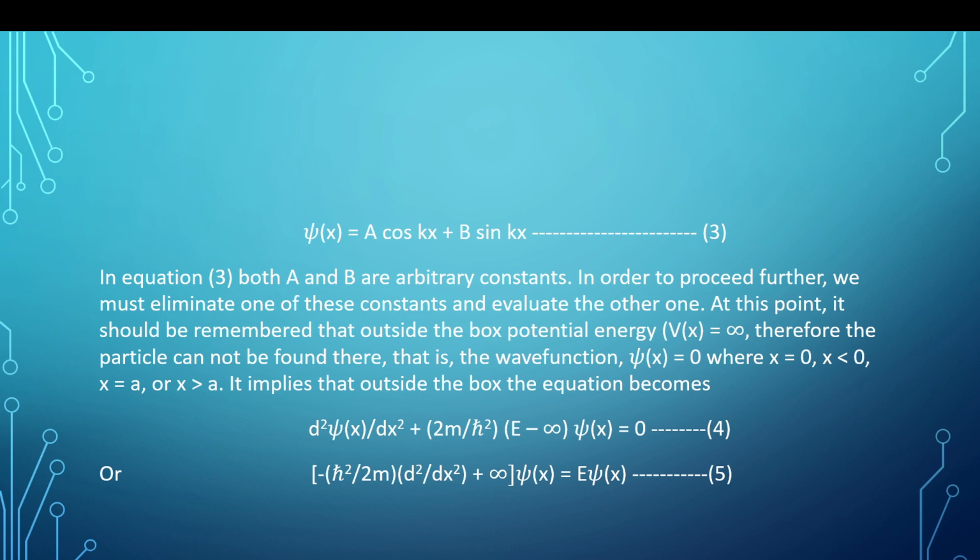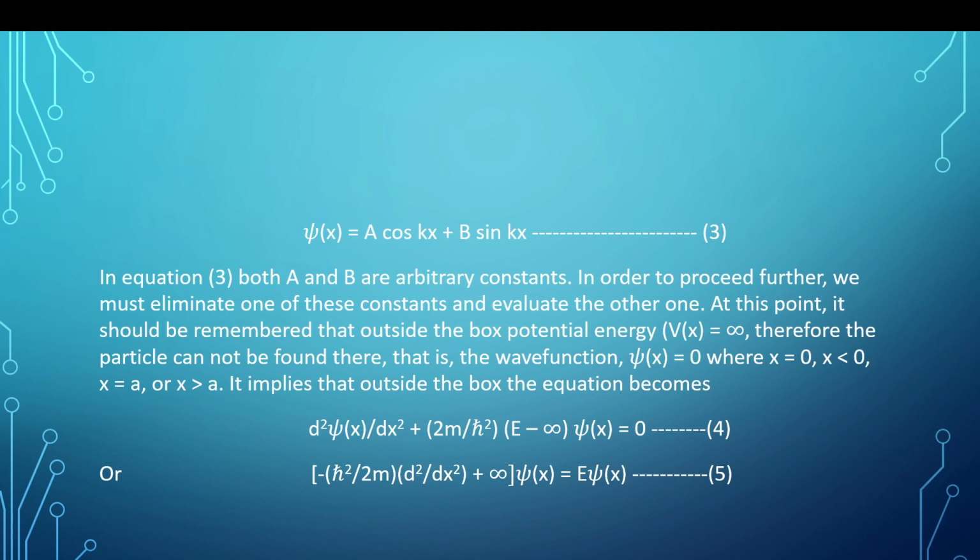It means if we want to solve this equation 3 so as to determine the value of wave function, we have to eliminate one of these two constants, a and b. Then only one constant will remain, and it has to be evaluated. And there is a very important step here, how to eliminate one of the arbitrary constants.